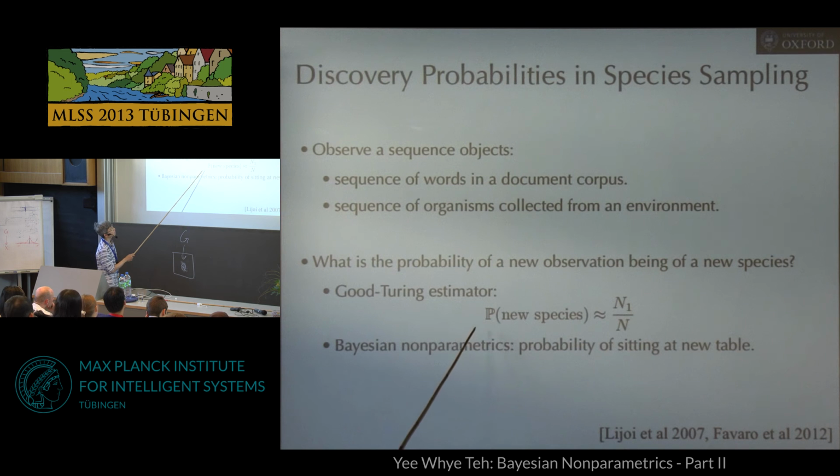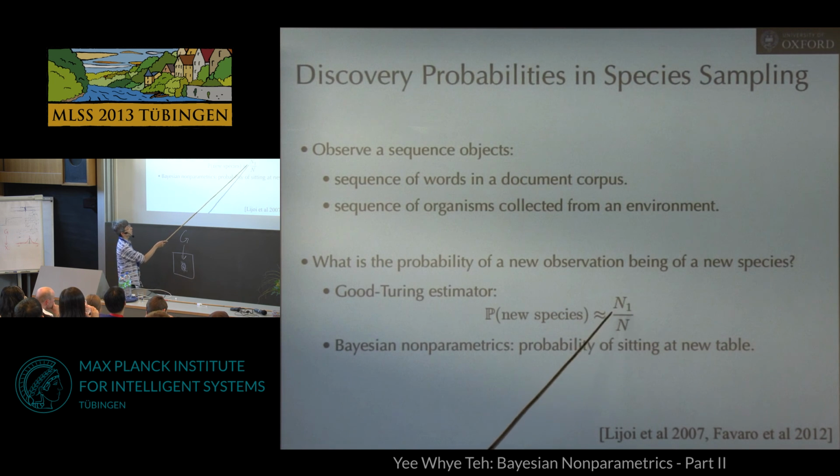There's an estimator called the Good-Turing estimator, which interestingly estimates the probability of seeing a new species using n1 divided by n, where n1 is the number of species that are observed exactly once, divided by the number of observations that you have so far.